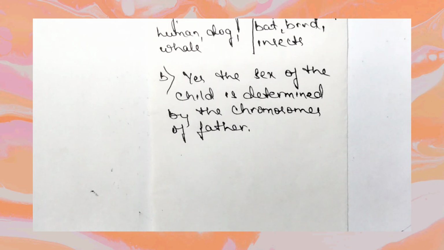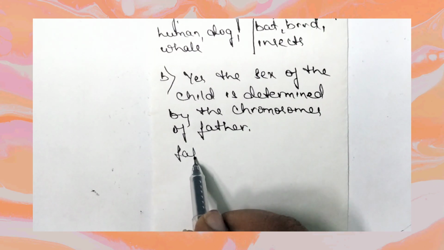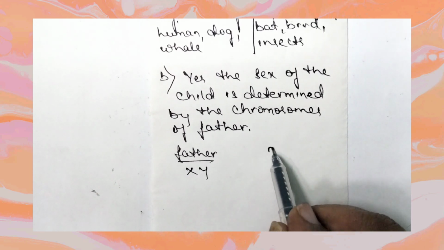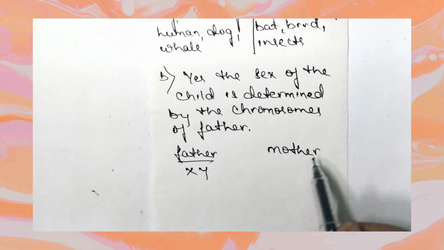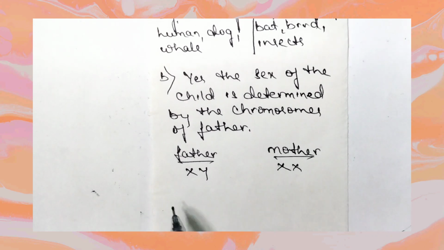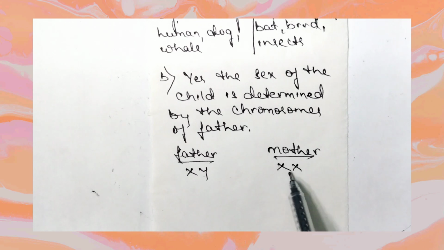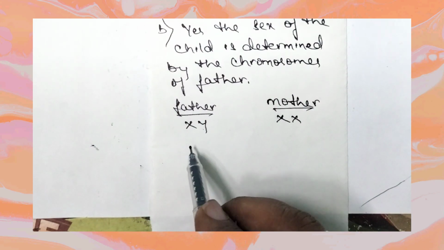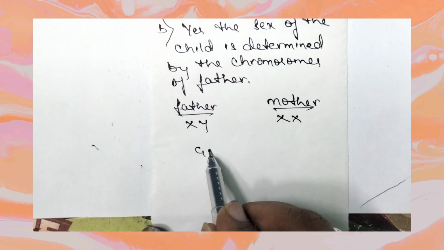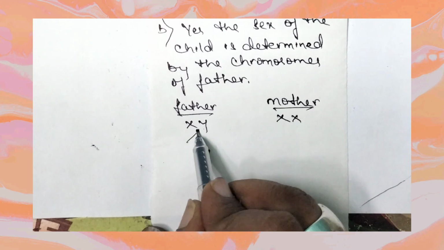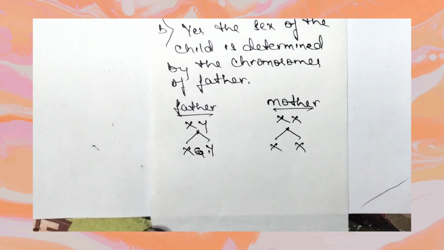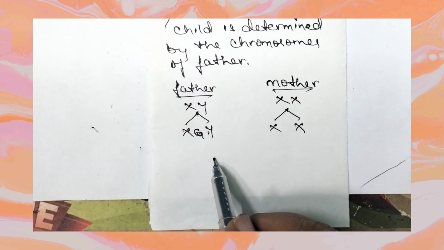Now coming to father chromosomes, father chromosomes are heterozygous and mother chromosomes are homozygous. They have same chromosomes, they have different chromosomes, they have same chromosomes. So during the fusion of male and female, let us write the checkerboard. First, during gamete formation, X Y; during gamete formation, X X. So let us write the checkerboard for this one.